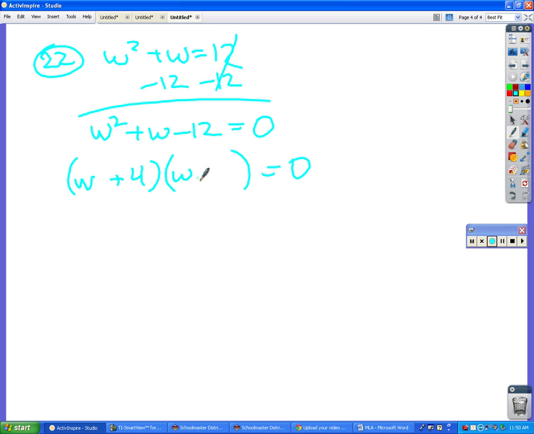How about 4 and negative 3? For them to add together to be 1, I need the bigger number to be positive. It's not the same thing because my answer would be opposite: negative 4 and positive 3.